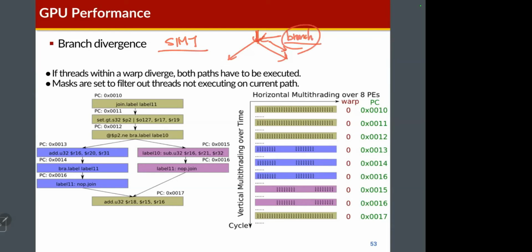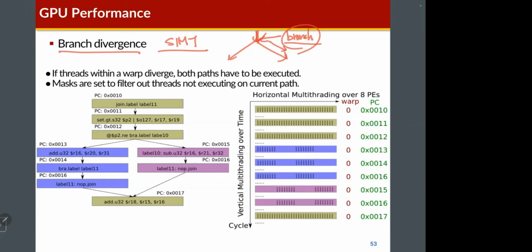The SIMT architecture of the GPU supports the diverged branch. Which means that the GPU supports the branch instruction, and based on the branch instruction, the execution path can also be divergent. It's very convenient. We can generate very complex code using many branch instructions in a GPU.